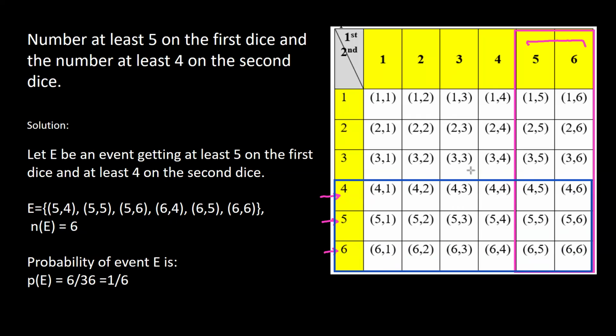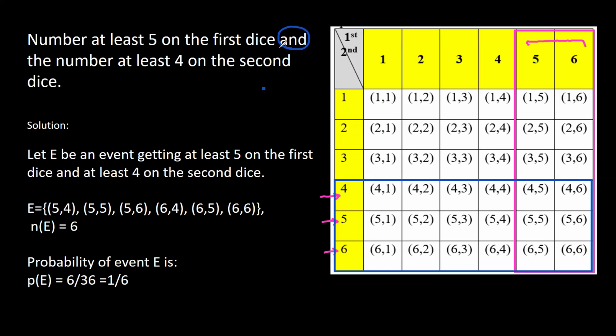In the question, one important word is used, which is important to understand: the word "and". In case of finding probability, if "and" is used, then we want to find what is common between the two events.